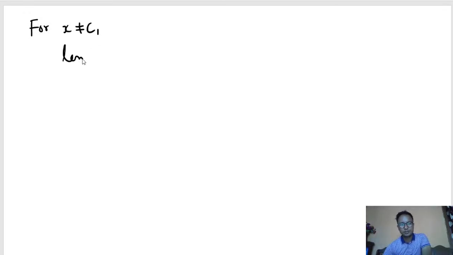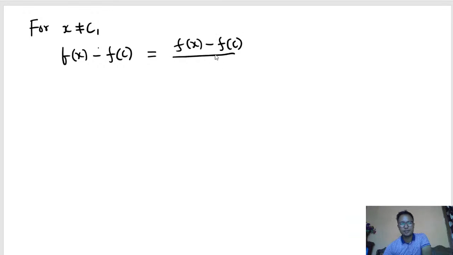So we will say that f(x) minus f(c) can be written as f(x) minus f(c) divided by x minus c, into x minus c. If I cut them, we are still left with f(x) minus f(c).